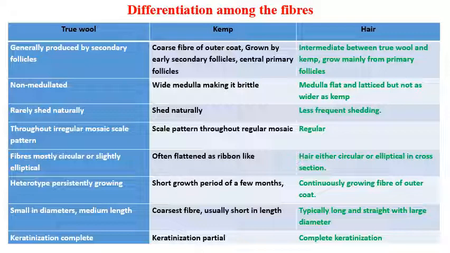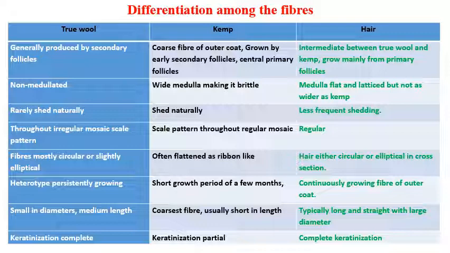In the case of true wool, it is small in diameter and medium in length. So diameter is less and length is also less. Kemp fiber is the coarsest fiber, usually short in length, and hair is typically long and straight with large diameter.